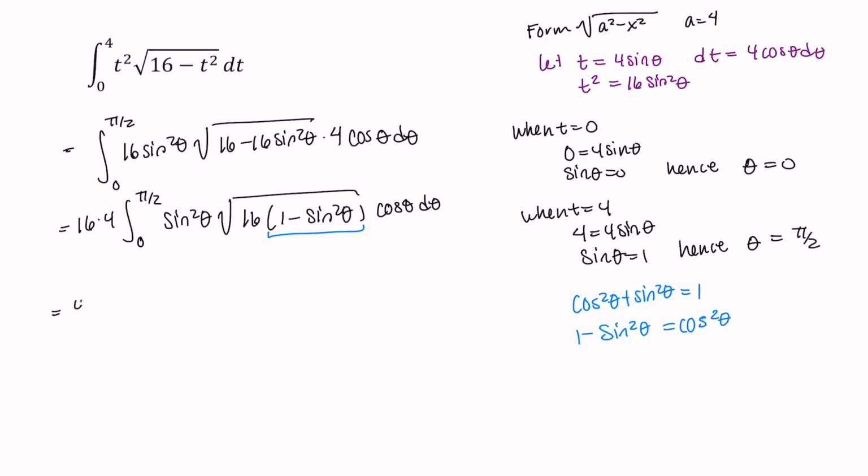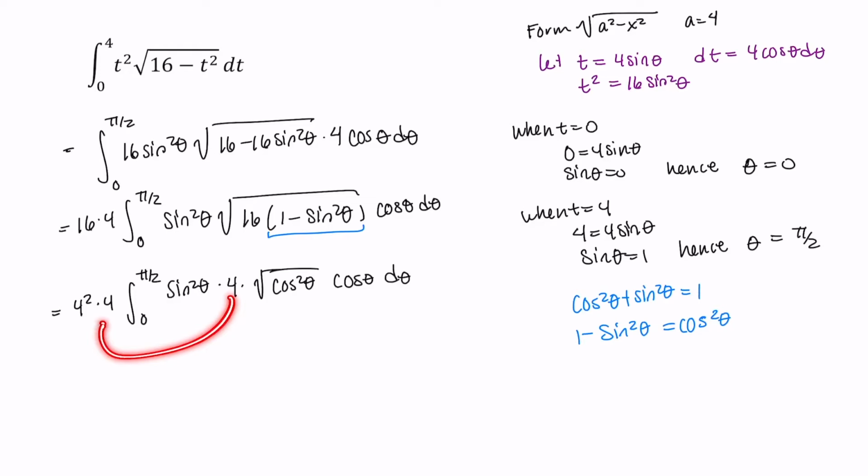So I'm left with 4 squared times 4 times the integral from 0 to pi over 2 of sine squared theta. The square root of 16 here is just 4, and then the square root of cosine squared theta times cosine theta d theta.